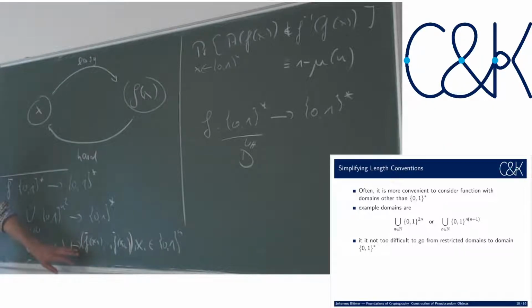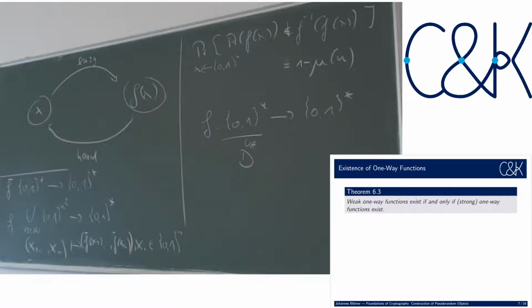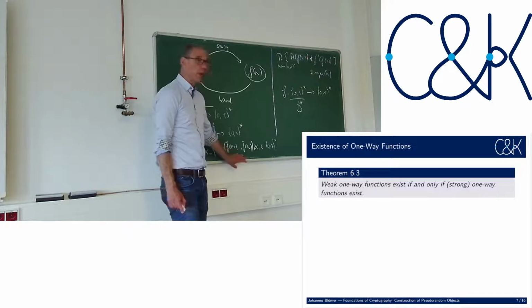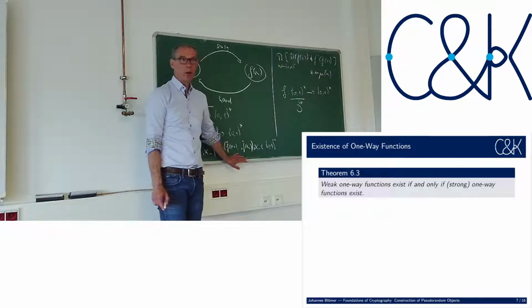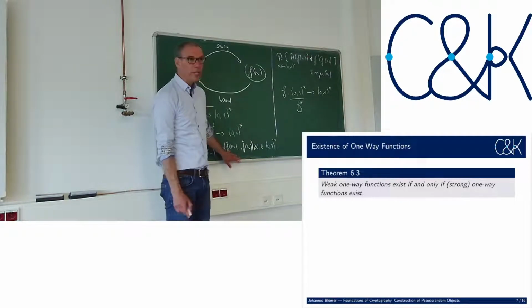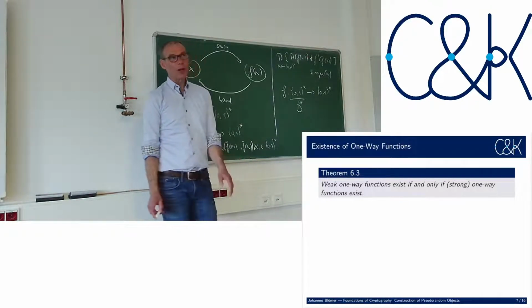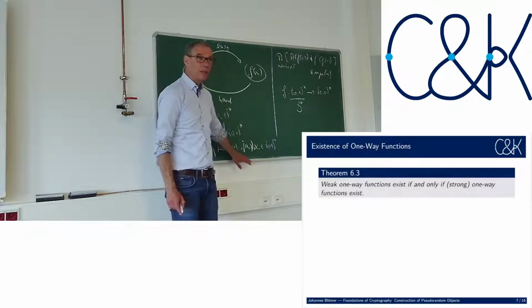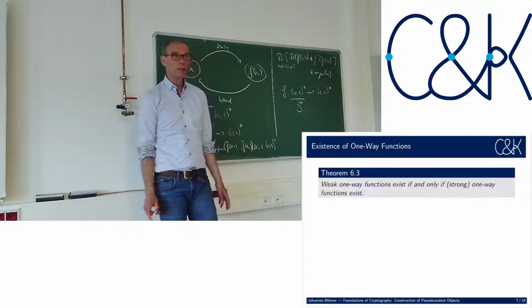Once you do this, this is actually the way to go from weak one-way functions to strong one-way functions. Because if you want to invert this function f correctly, you have to find the pre-images for all these individual components.